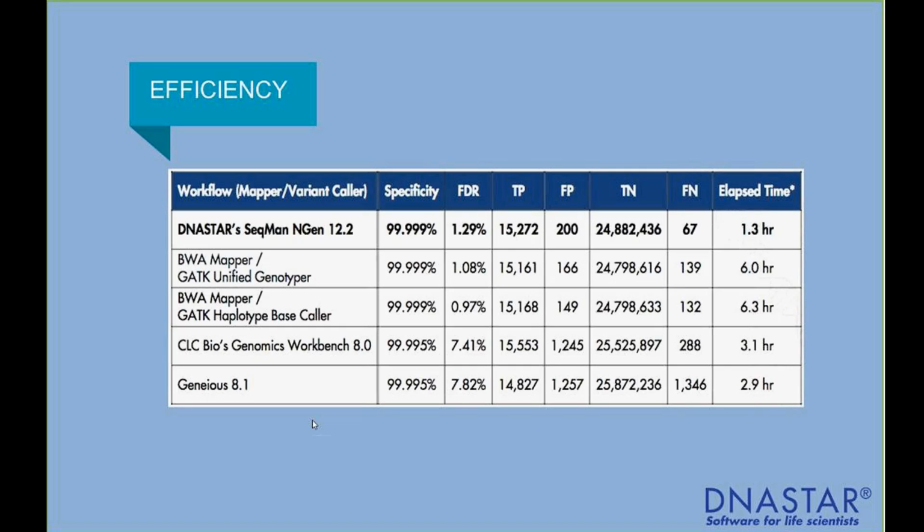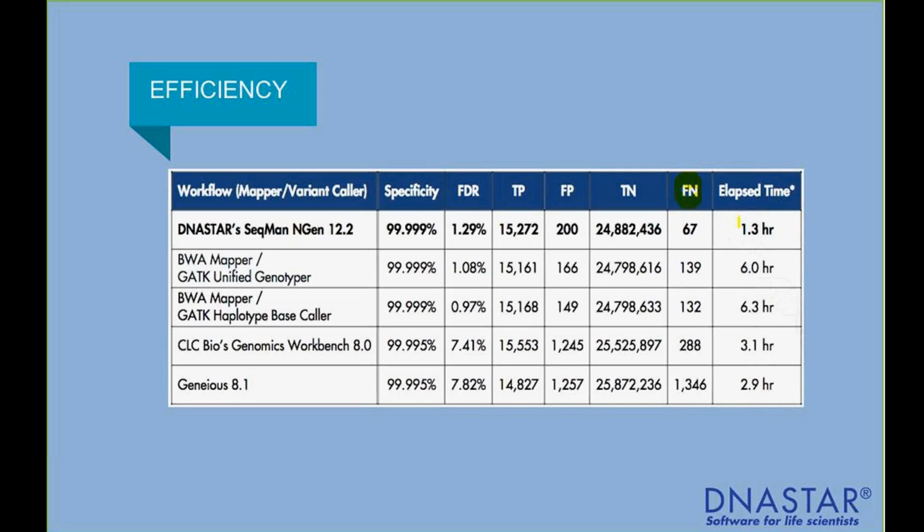So, of course, BWA aligner with the GATK SNP caller is commonly used, and then as well as some commercial competitors, CLC and Genious. And this is on an exome data set. And what we can find pretty consistently is that we have a much lower false negative detection rate. And so that lower false negative detection rate gives us a better overall accuracy. So we can get a more accurate SNP call on these data sets.